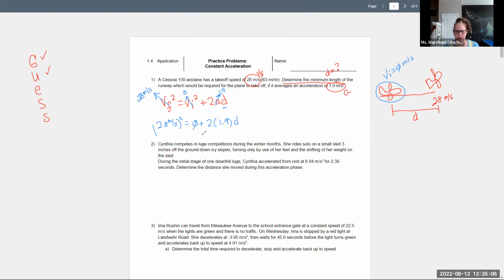Okay, and then you could just write the answer after that. Your distance and what you got. I got 206.3 meters. And then I'm going to box my answer there so it's easy to find. So that's kind of the setup that you're going to do each time.